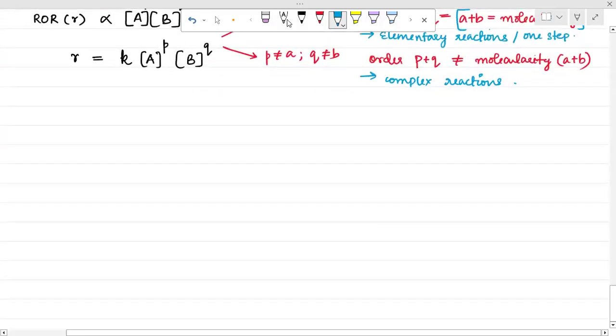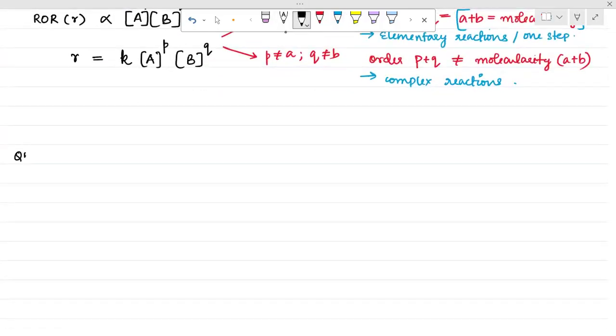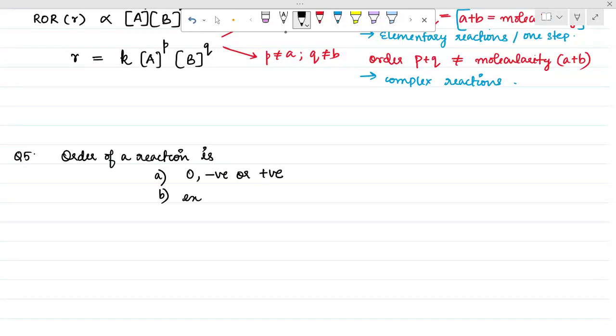Note down a question. Question number 5. This was asked. The order of a reaction is: option A, 0, negative or positive. Option B, experimentally determined. Option C, unitless.